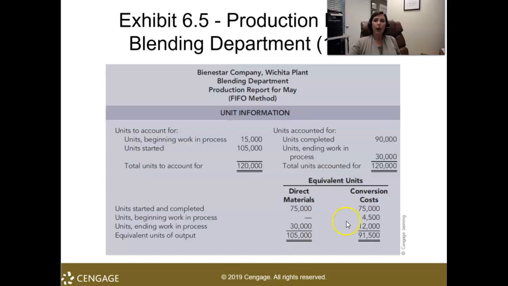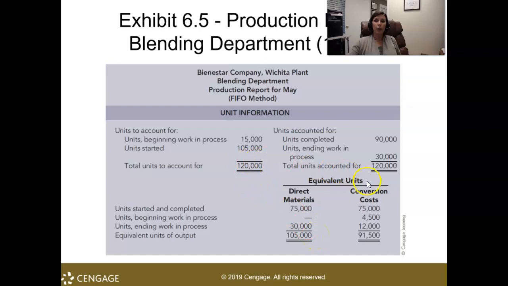We prepare our handy dandy little report here, this being the top half, and so this might set it out a little bit more clearly for you than looking at it on a slide-by-slide basis. So we've calculated our equivalent units here.